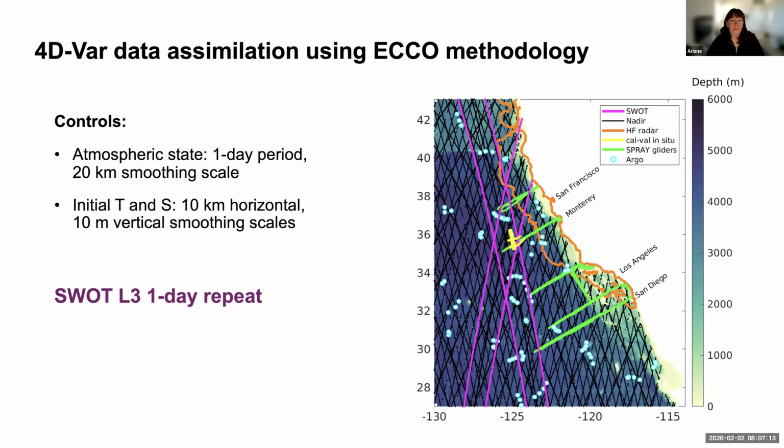Okay, I'm going a little bit fast over here, but the novel aspect is obviously the assimilation of the SWOT data. So we use the L3 product, and as expected, it brings on some challenges, right?